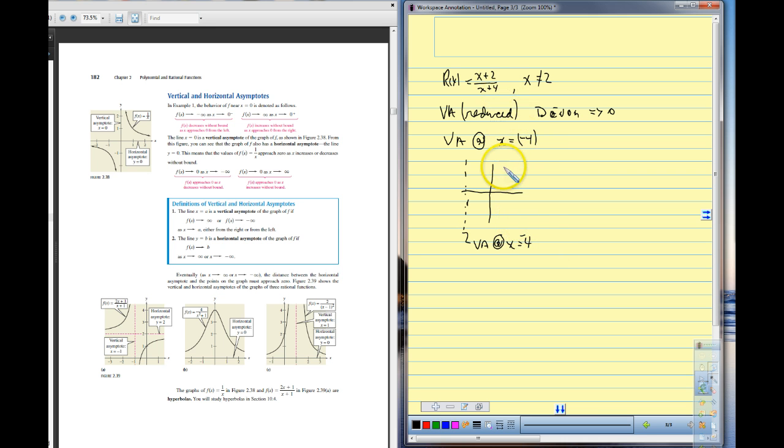Now, the horizontal asymptote has a bunch of rules, and you really need to look at this chart and know the rules. But for an HA, we're looking at end behavior, not the middle, but the end.